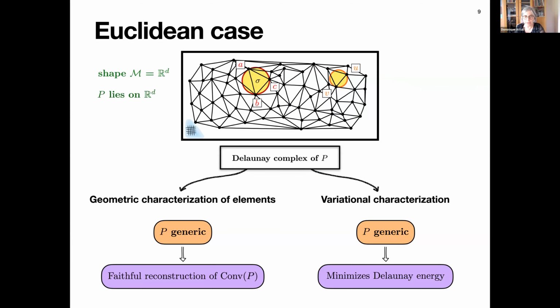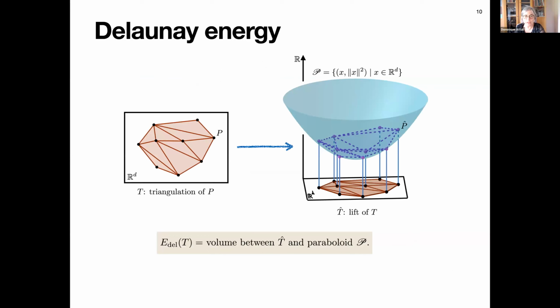So we know in particular that this Delaunay complex minimizes the Delaunay energy. So I'm going to define the Delaunay energy. So take a triangulation T of a point set P in R^d. And we're going to associate to this triangulation T a Delaunay energy. For this, we use a lifting construction.